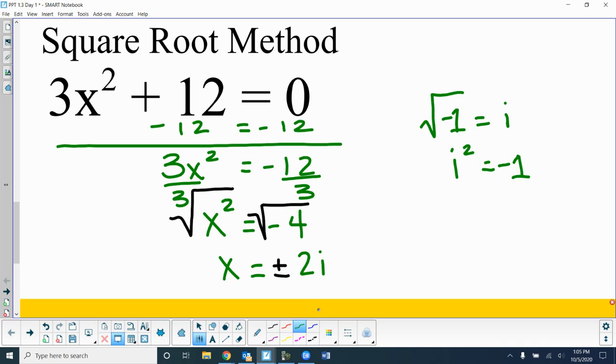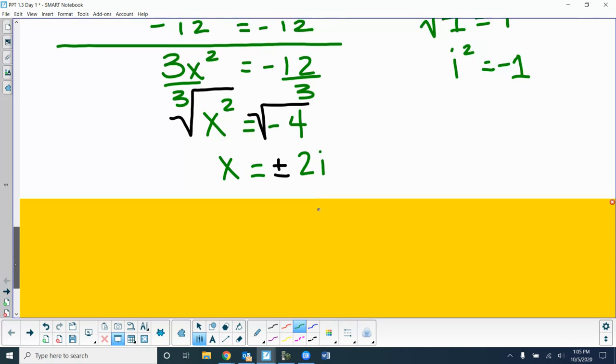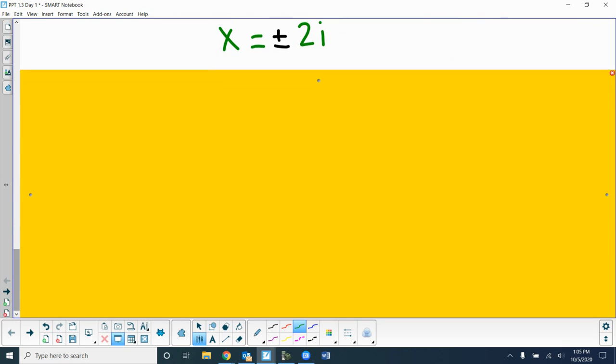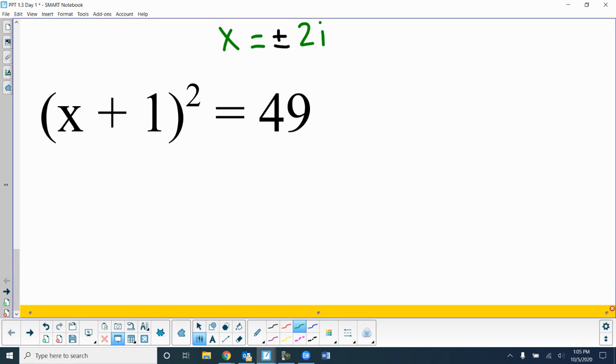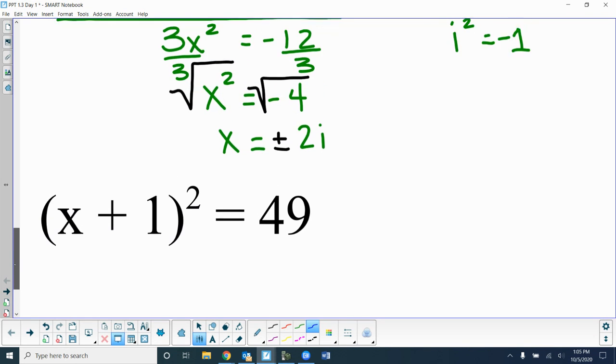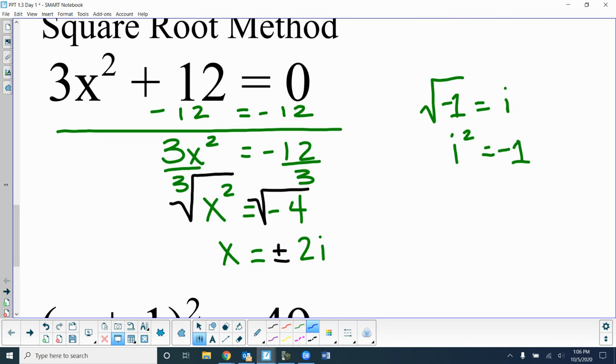Okay, so again, we wanted to get the squared part alone on the left, everything else on the right. Right, Tasha? So, what do we do here, Tasha? What are we doing this first one? What did I say we should do first? Get the squared part alone.